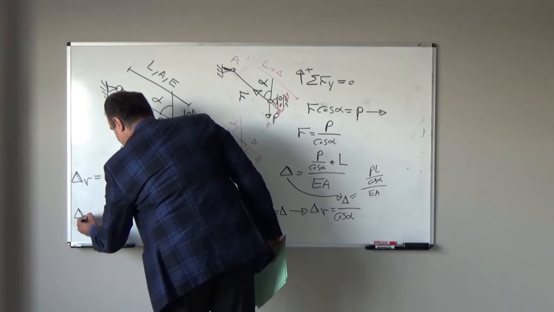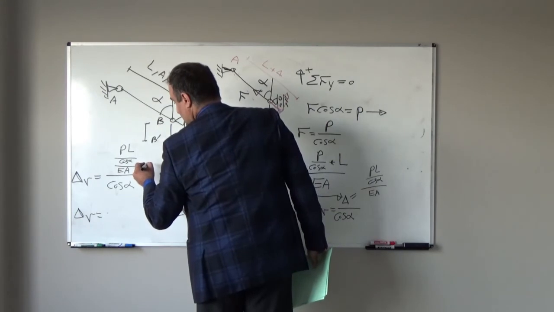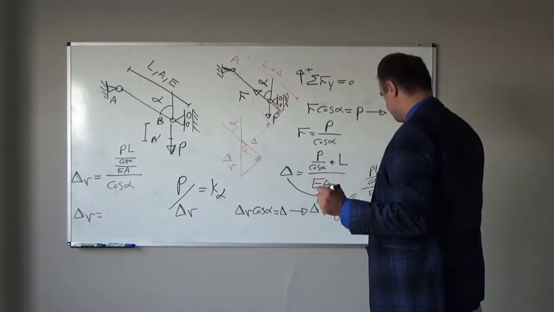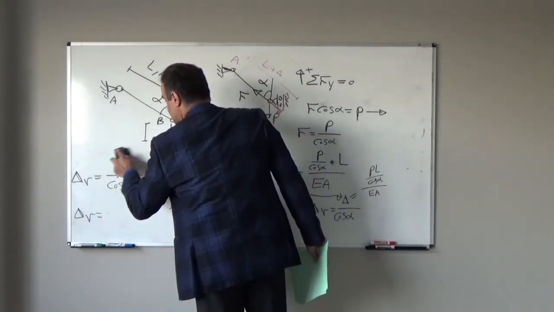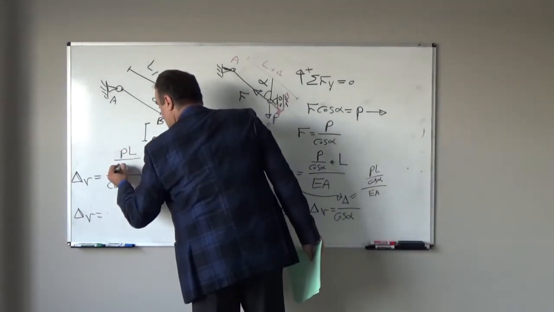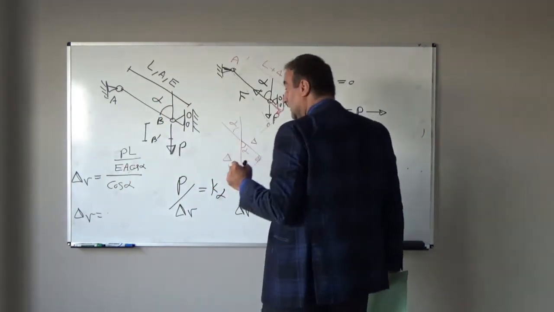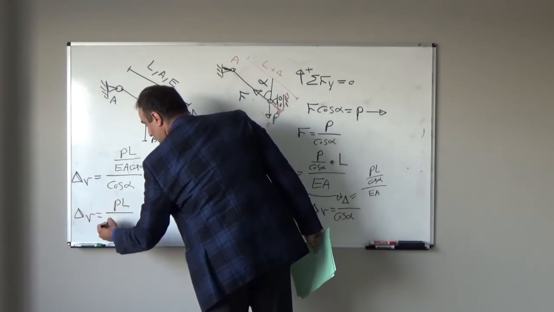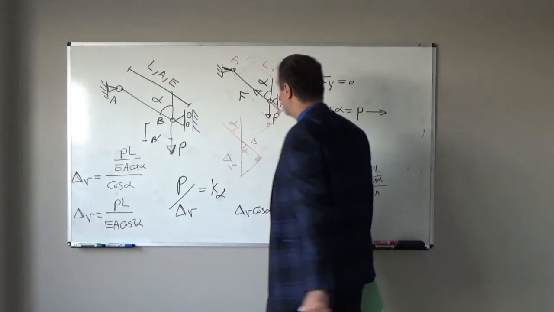That will give us what? Let's see, I can rewrite this as PL over EA cosine alpha, and now I can write this as PL over EA cosine square alpha.